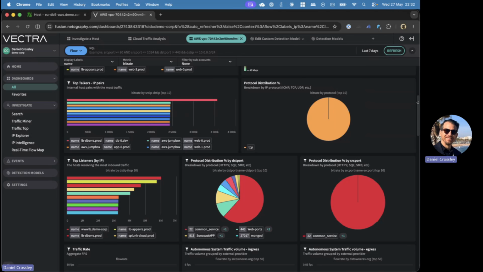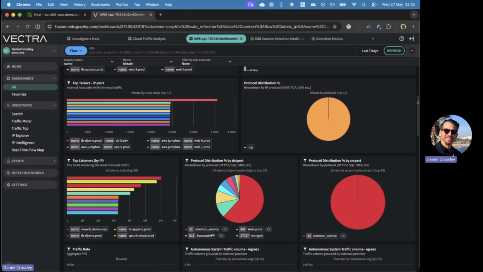So in this particular scenario, we've got traffic that comes from our prod VPC, and that looks to be destined for a dev VPC. That is according to the label of the VPC within AWS, and that's normalized within the Vectra Fusion console. This means that we can see that here within this particular dashboard.